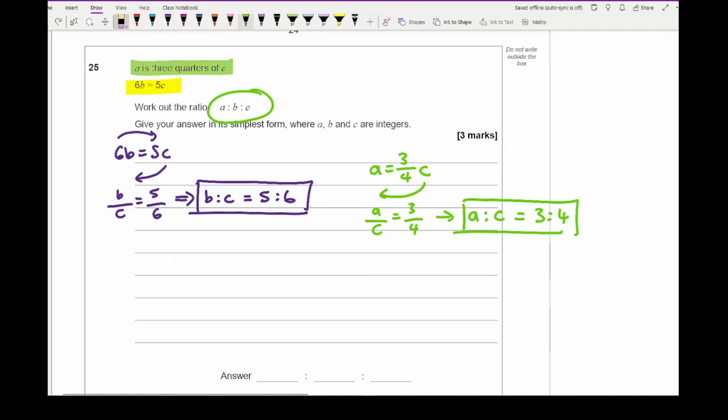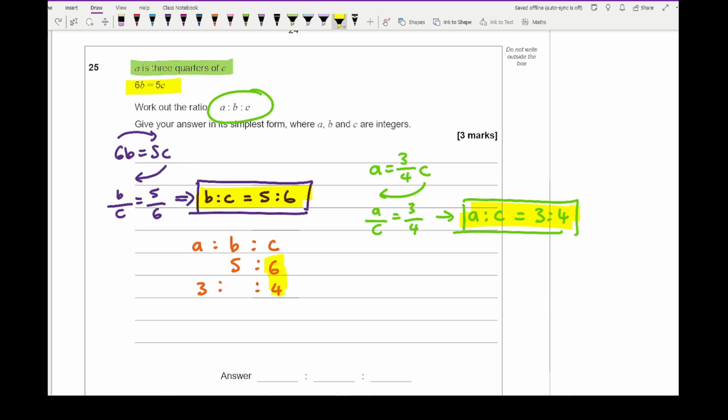Now from this, all we need to do is combine these two ratios together. So if I start by writing A to B to C, then we use the first ratio of 5 to 6 and the second ratio of 3 to 4. Now what you can see is we've got a value of C for both of those.